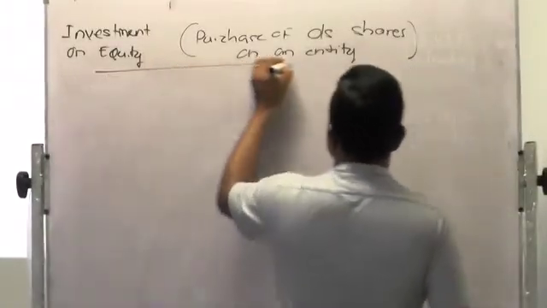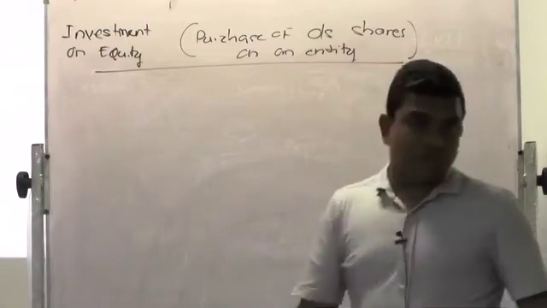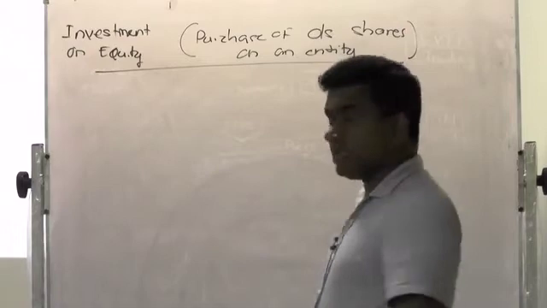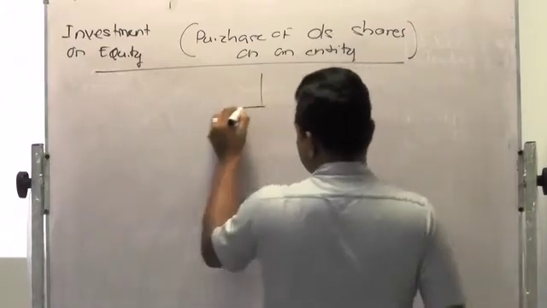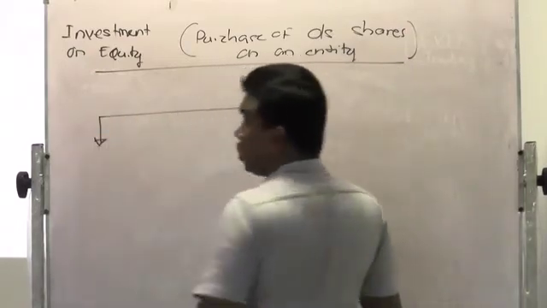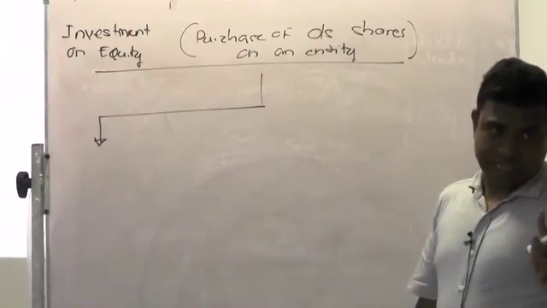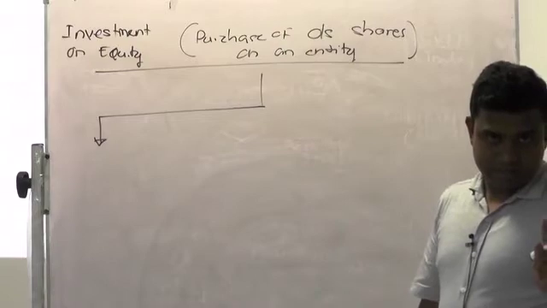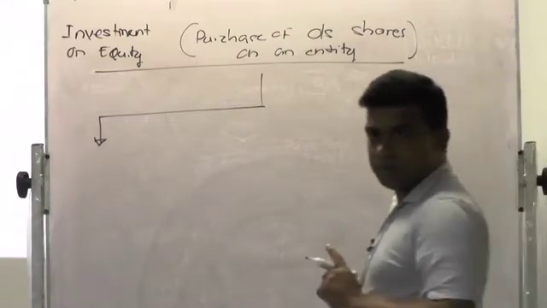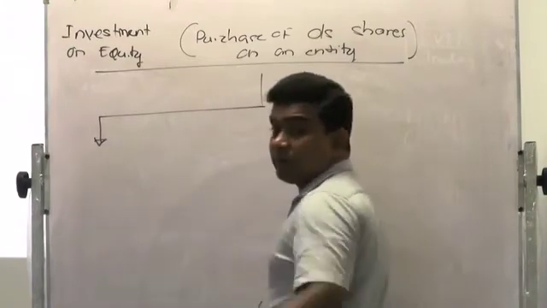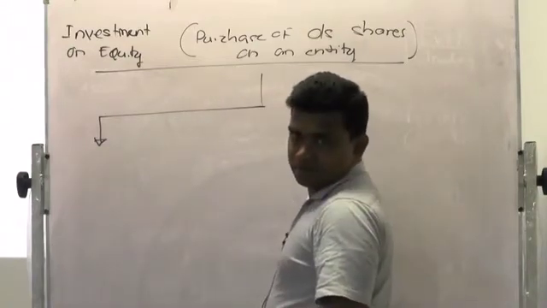I have told you it should be fair value through PNL or fair value through OCI, but not always. Why not always? See this. Category 1. When you buy ordinary shares of another company, see whether that company is a business.